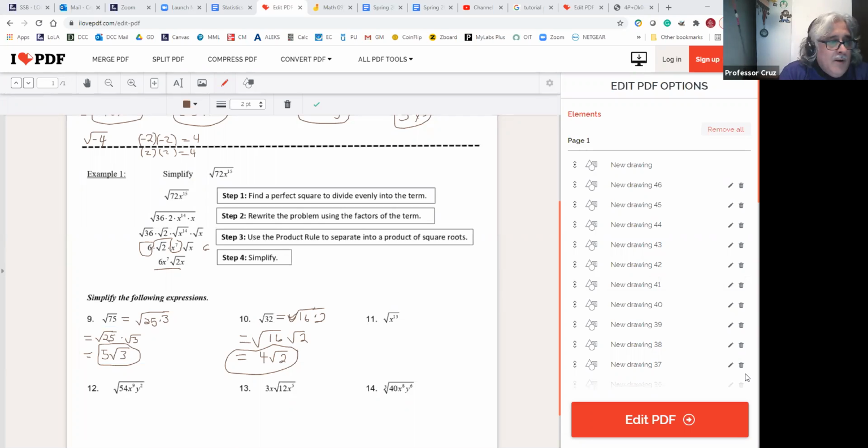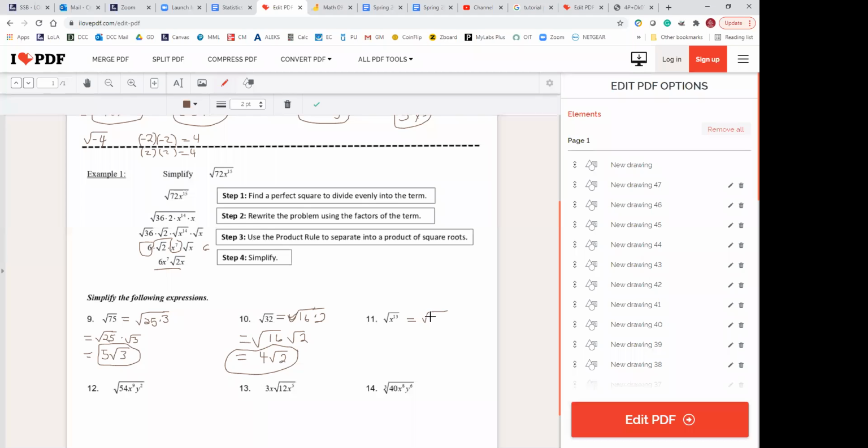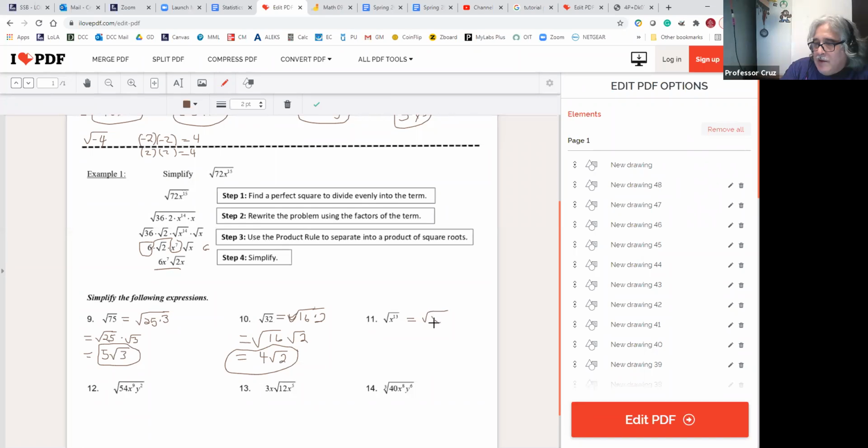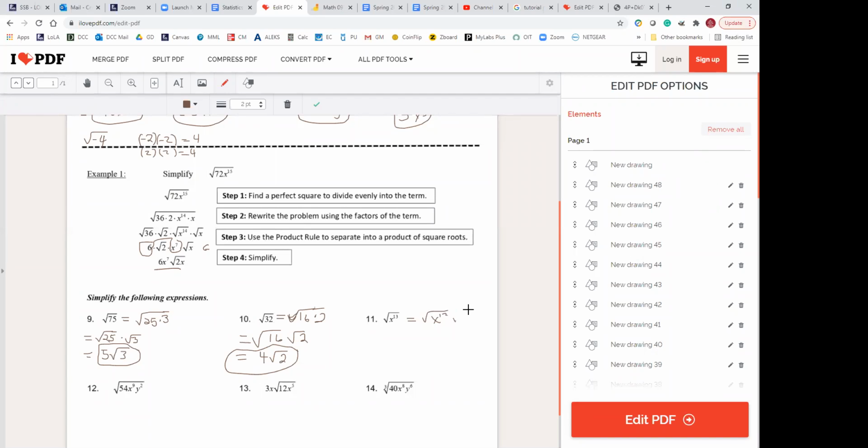All right, so what about number 11? That's just variables, and as I said, if you imagine there's a 2 in there, how many times does 2 go into 13? 6 times, 12. Yeah. At least 1 out. So it's going to be x to the 12th times x. And the x stays in there.